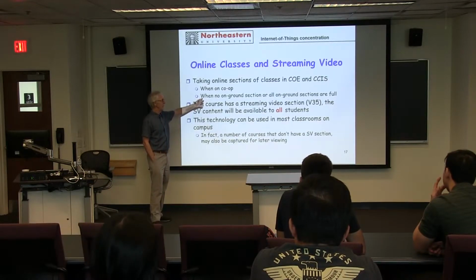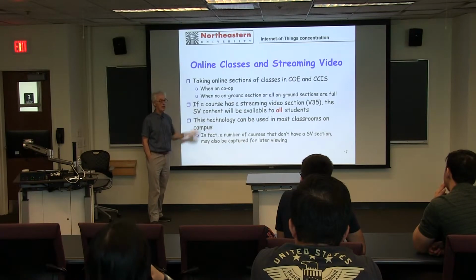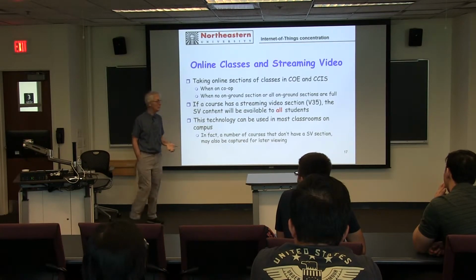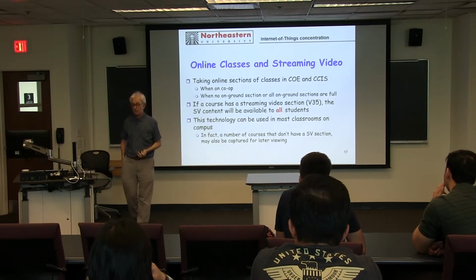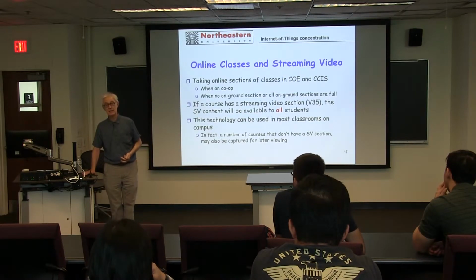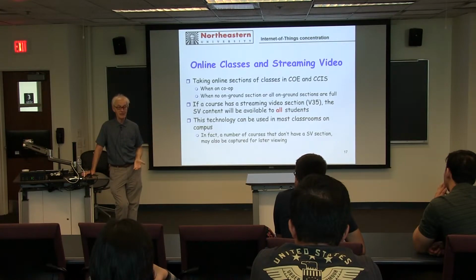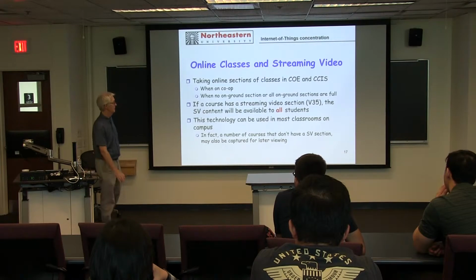In the case of when you're on campus, the only case where you can sign up for an online one is when all the on-ground sections are full. Or, sometimes, as I mentioned, there are courses offered purely online, and there's no on-ground section at all. In that case, you are allowed to register for it.